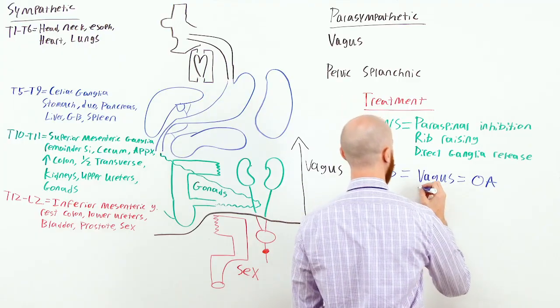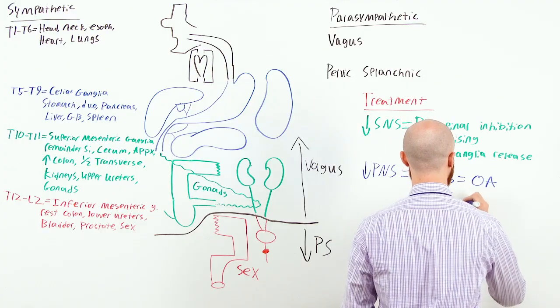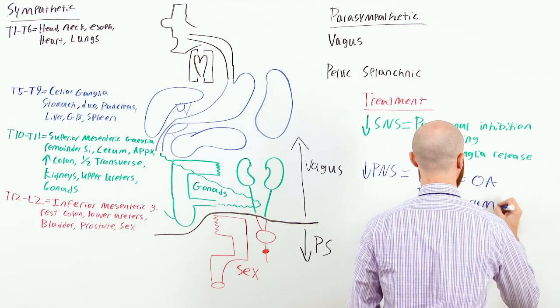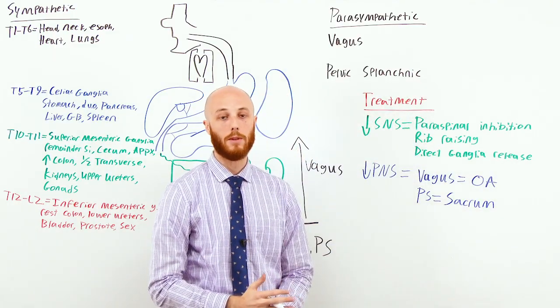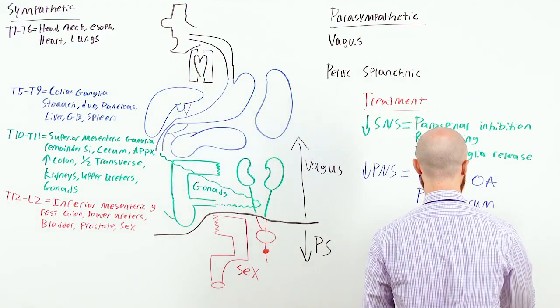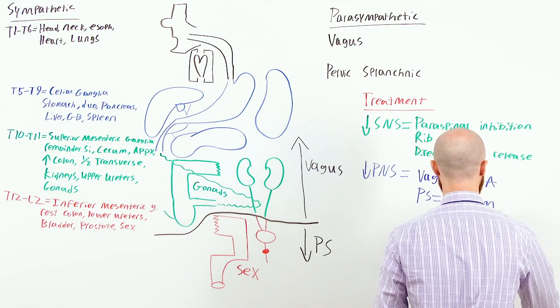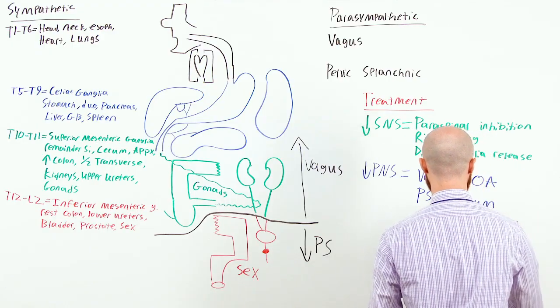And for the pelvic splanchnics, you're going to want to treat the sacrum. When you're treating the sacrum, you're going to think of inhibitory techniques. So you can think of sacral rocking, and facilitation maneuvers.